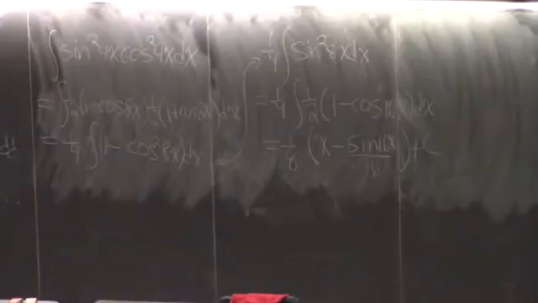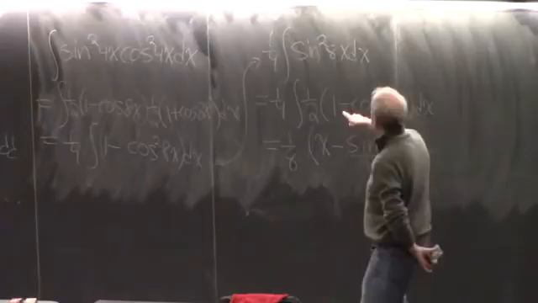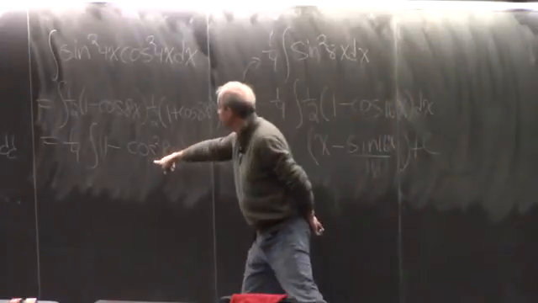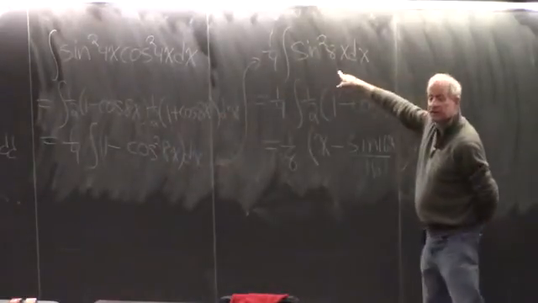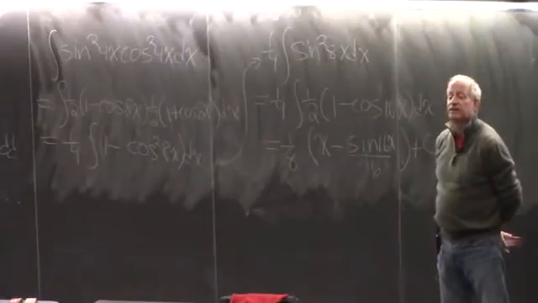How did I get this? That's 1 minus cosine squared, which is sine squared.